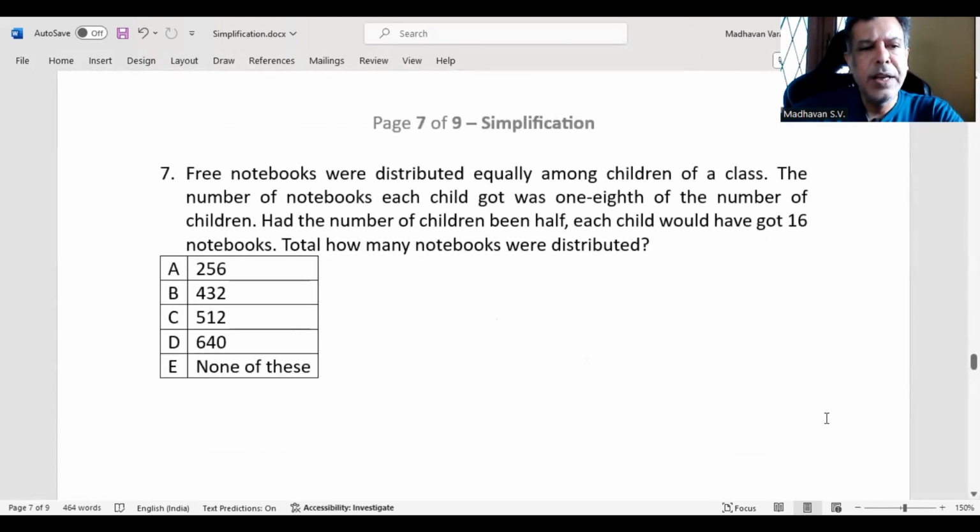Next one. Free notebooks were distributed equally among children of a class. The number of notebooks each child got was 1/8 of the number of children.